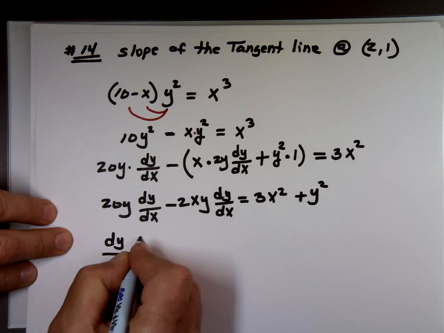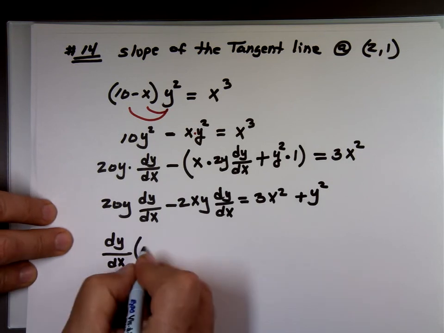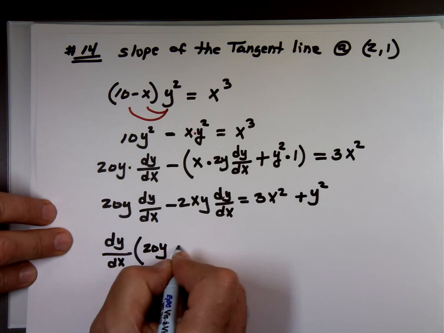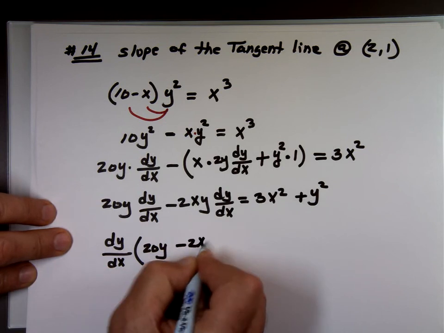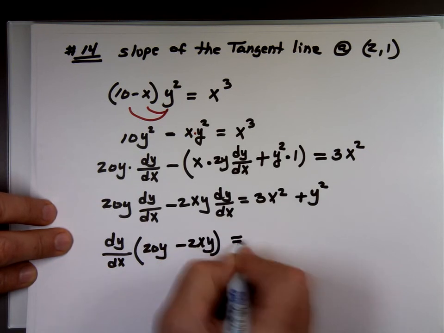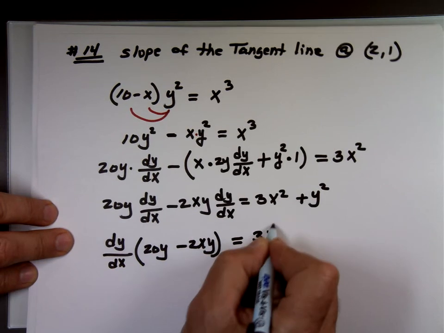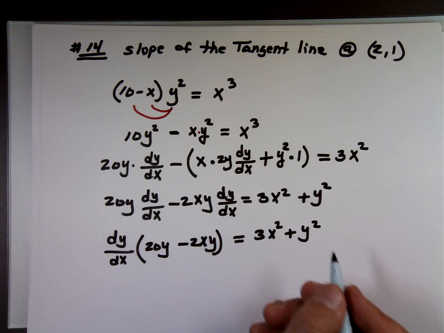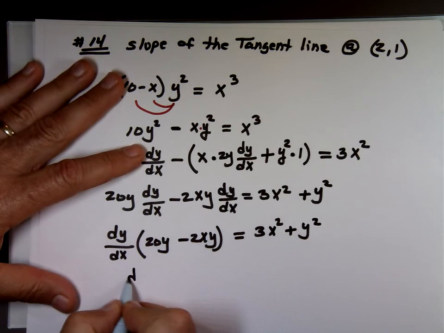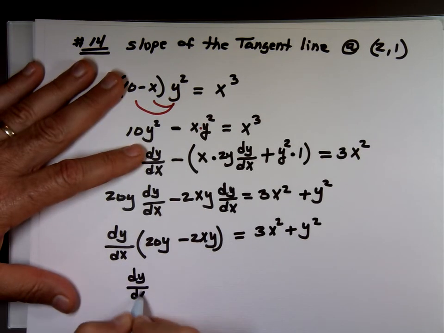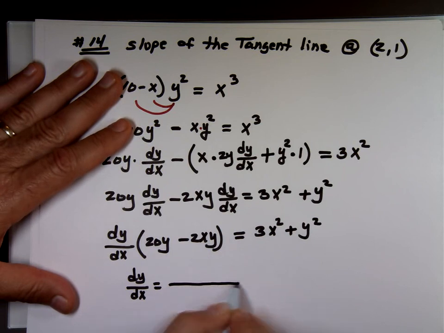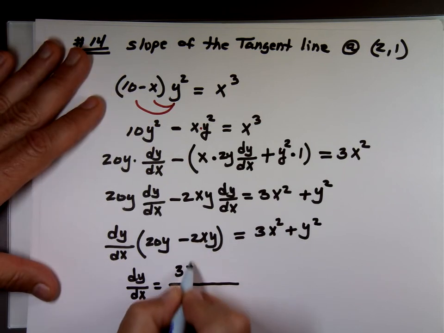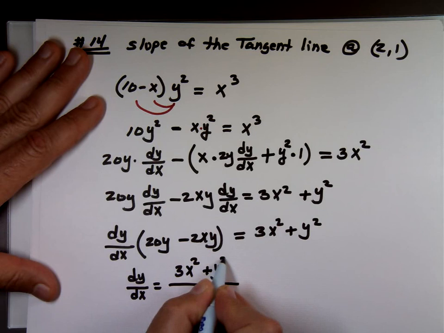dy/dx, let's see, 20y minus 2xy, equals 3x squared plus y squared. What's dy/dx? Yep, the right over the left in this case.